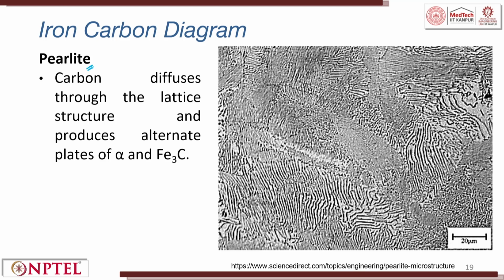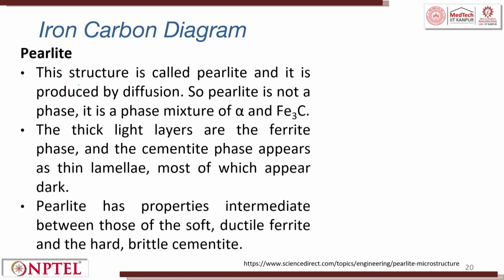Pearlite is again a microstructure, where carbon diffuses through the lattice structure and produces alternate plates of alpha and cementite, that is pearlite. You can see from the figure very clearly. The structure is called pearlite and it is produced by diffusion.